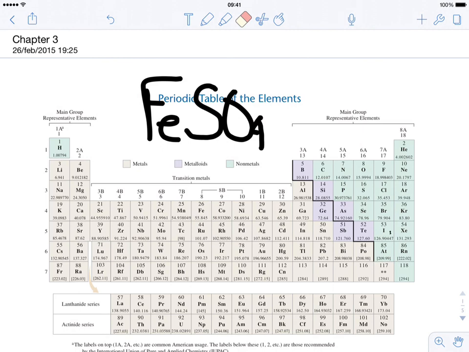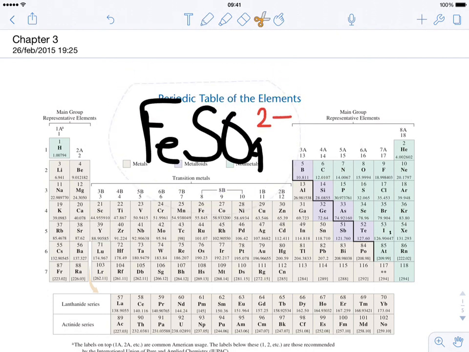So again, this is a situation where if you don't have your polyatomic ions memorized, you're not going to be able to figure this part of the question out. So if you do have your polyatomic ions memorized, you'll know that the charge that the ion sulfate forms is -2. So if sulfate is -2, what does that mean iron has to be? That means iron has to be +2.